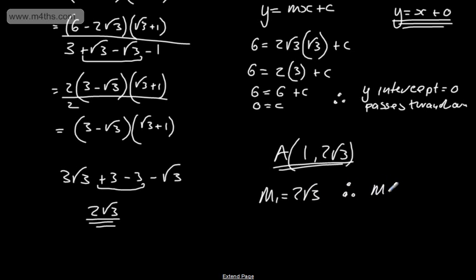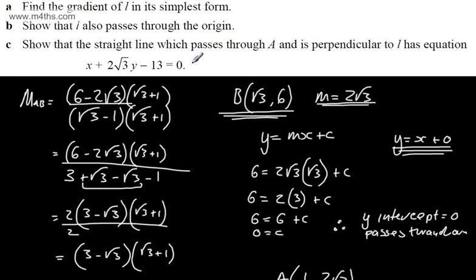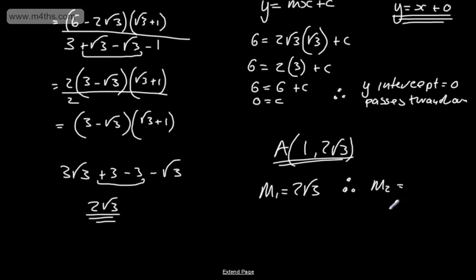Therefore, we can say that M2, the gradient of the perpendicular, and they've used the word here, the straight line which is perpendicular, is going to be the negative reciprocal. So I can write this as negative 1 over 2 root 3.